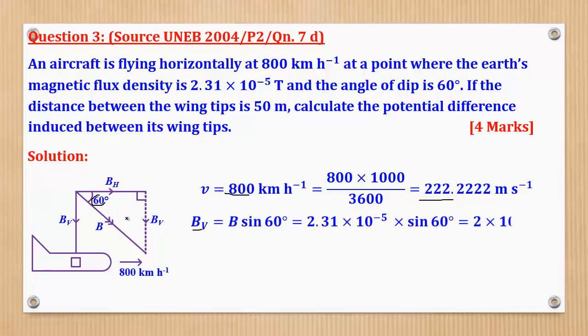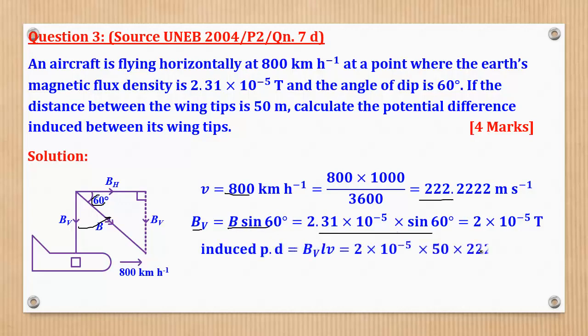Then BV can be got by resolving B to the vertical to give you B sine 60, which is this. Then induced PD is B times L times velocity. So BV is here, length and velocity, and that will be the induced PD.